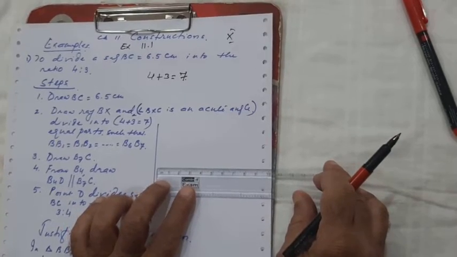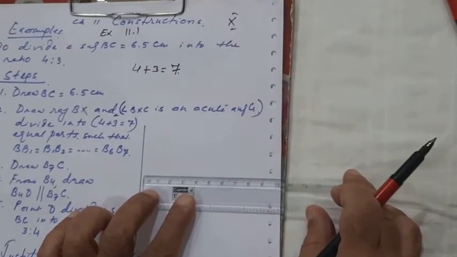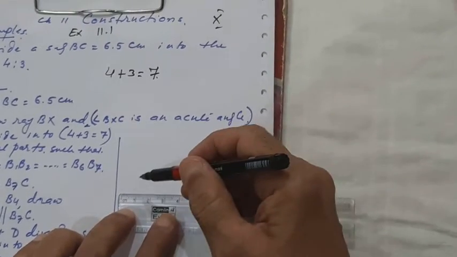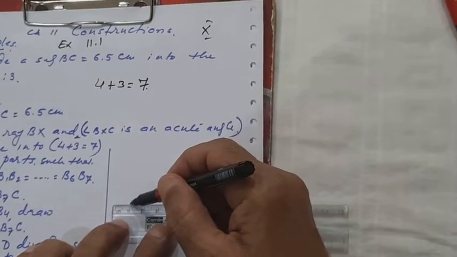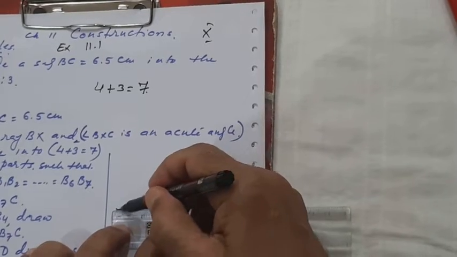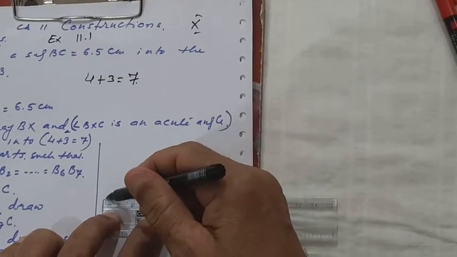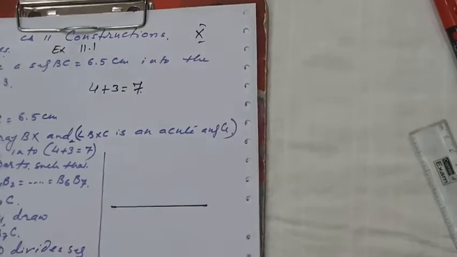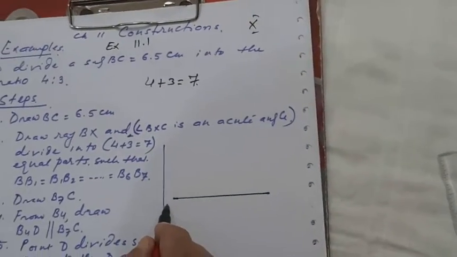Draw a segment BC 6.5 centimeter. Okay, so this is segment BC.